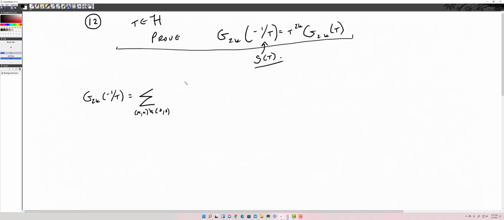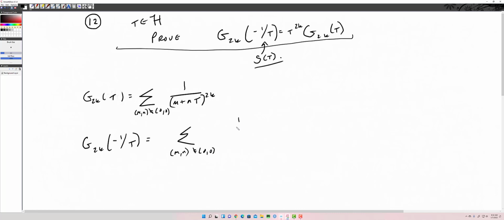Okay. So here we have it. And I've screwed it up already. I'm sorry. Maybe I'll just do this actually. This is g2k of tau. So what is g2k of minus 1 over tau? Well, that is the sum over m, n non-zero of 1 over m plus n over tau, to the 2k.